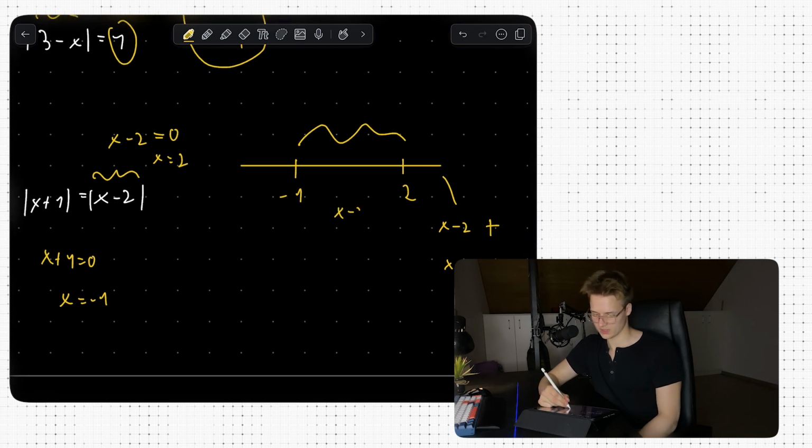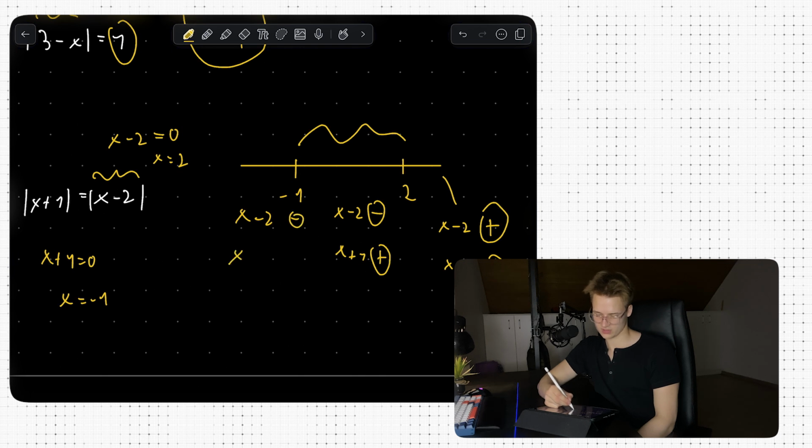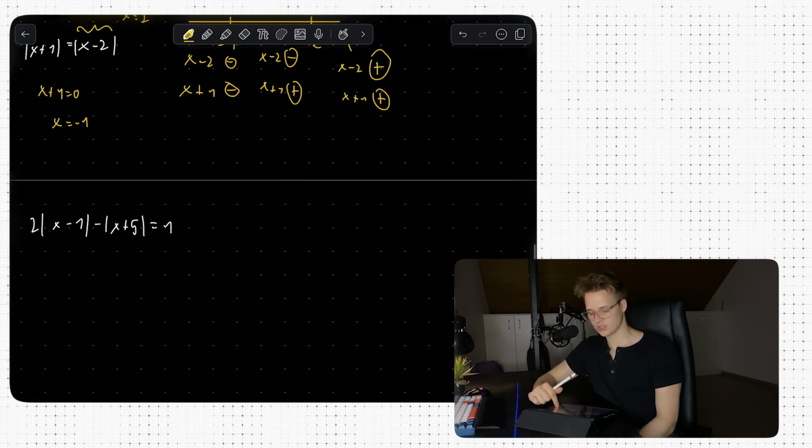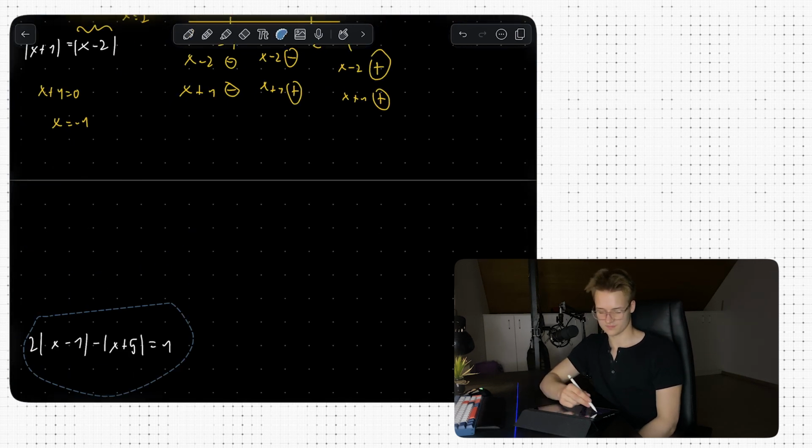So we're going to have x minus 2 is going to be negative, and x plus 1 is still going to be positive. Okay? And then, once we switch signs again, both of them are going to be negative. So x minus 2 is going to be negative, and x plus 1 is also going to be negative. And then you just solve each case individually.